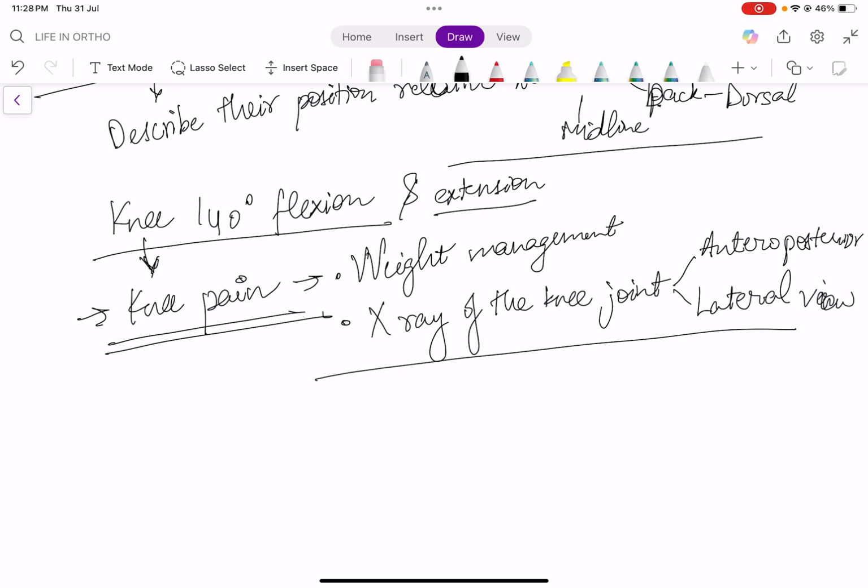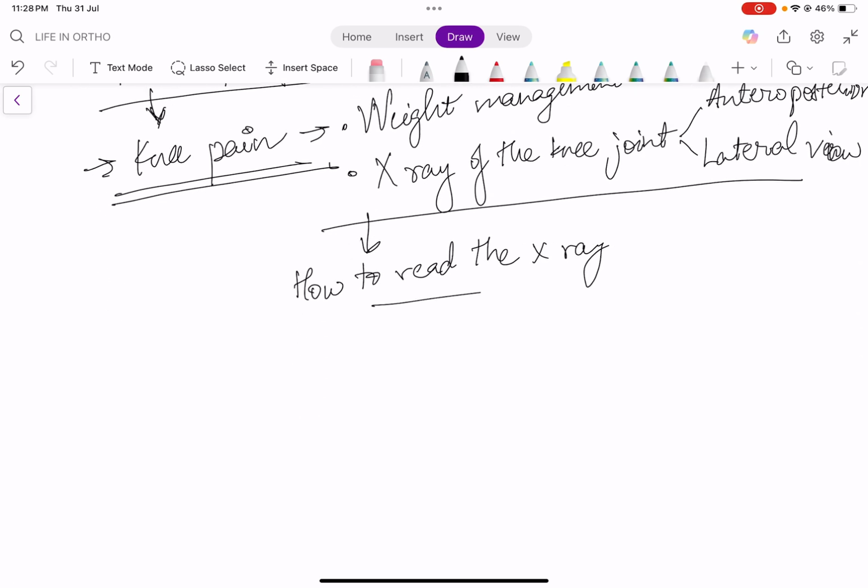Then how to read that X-ray? I'll put a video down to make it easy for yourself to read it and then describe to them the best treatment you can locally. Otherwise you'll have to send it to an orthopedic friend or your teacher, but I'll teach you how to read that X-ray.